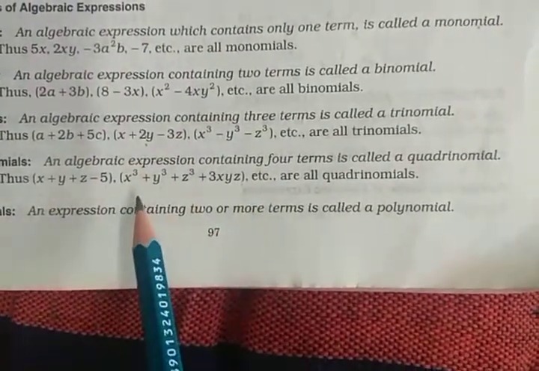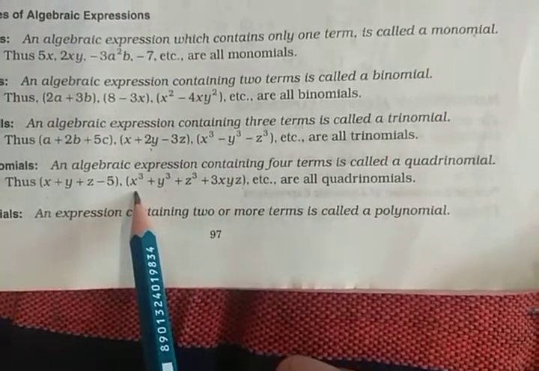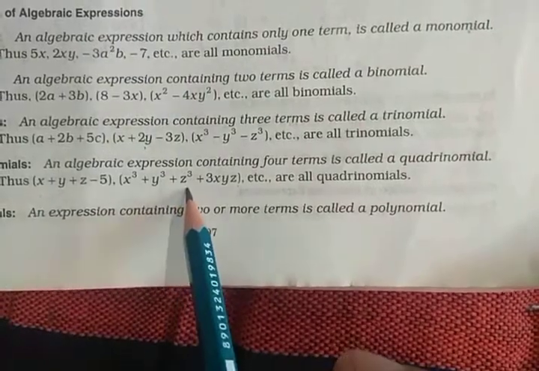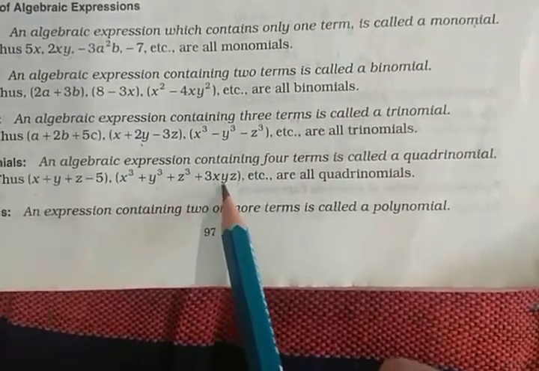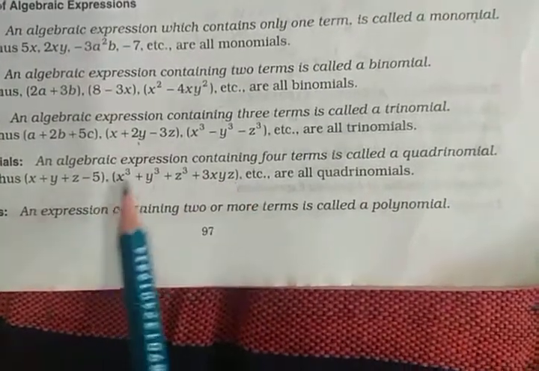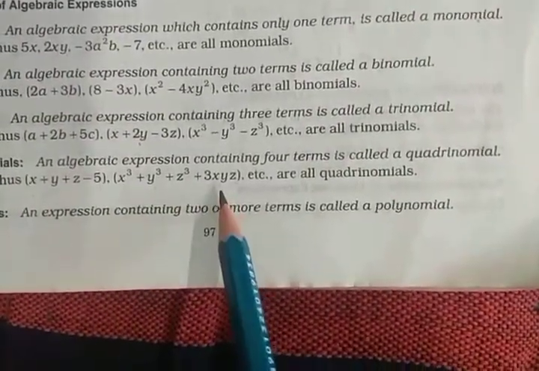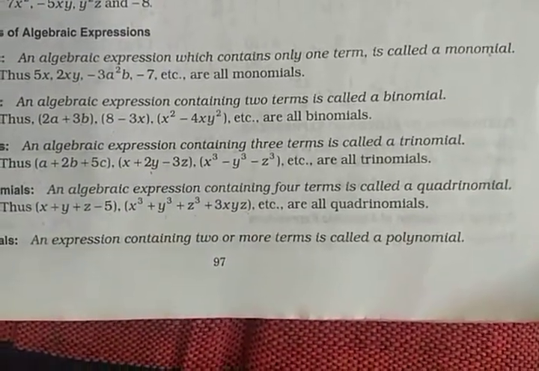Here the four terms are x cube, y cube, z cube, and 3xyz. These are the four terms, and this is a quadrinomial.